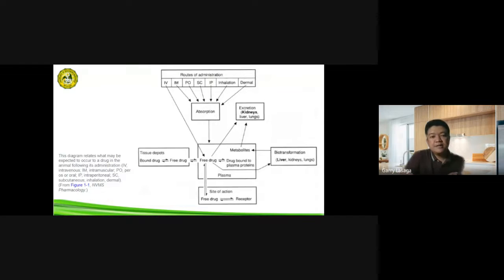So marami pang dadaanan before a drug will be fully absorbed in the body. Unlike for the IV route, pag IV, diretso na siya sa plasma, diretso na siya sa blood, plasma.